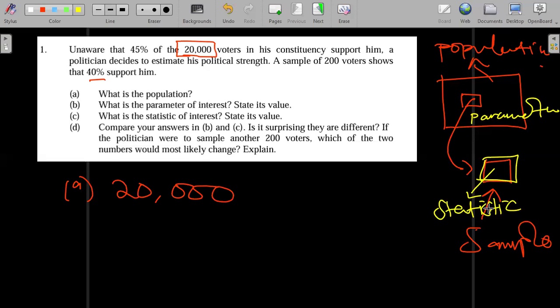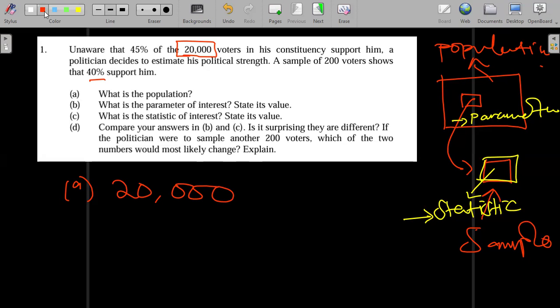When you are asked to give the exact definitions of the statistic or the parameter, you simply say the parameter is a numerical value, or a numerical summary, that describes characteristics of the entire population. And a statistic is a numerical value that describes characteristics of a sample. So that's the difference.